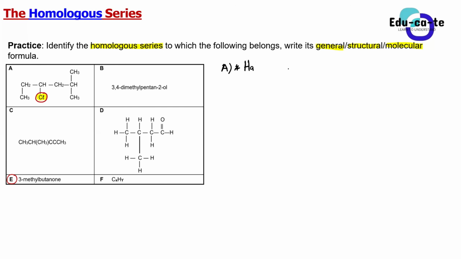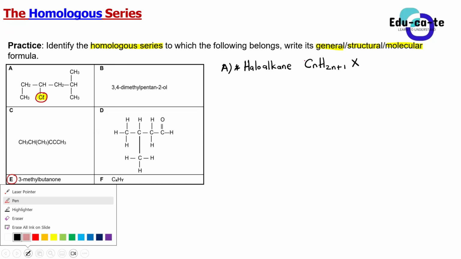And then for the haloalkane, did we talk about any general formula? What is the general formula of a haloalkane? It's CnH2n plus 1 plus X. Yes, this is the general formula for a haloalkane.